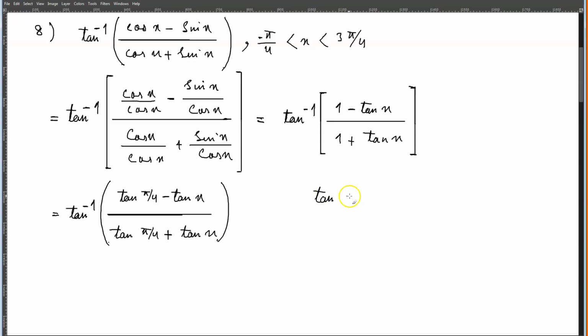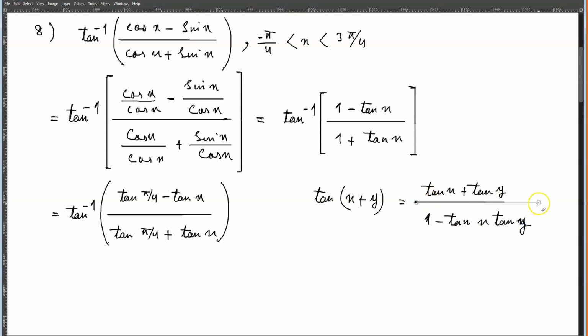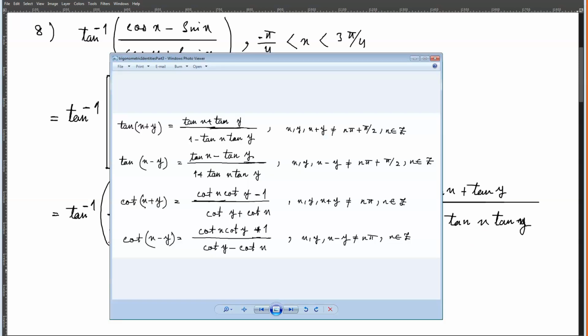basically x plus y is equal to tan x plus tan y over 1 minus tan x tan y, right? That is tan of x plus y. So let me actually get this formula.